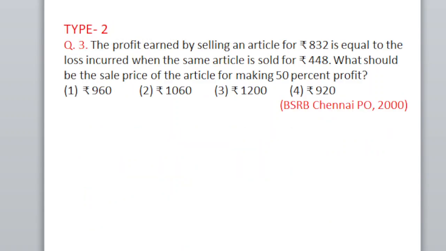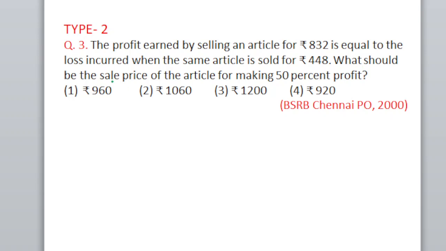Type 2, question number 3. The profit earned by selling an article for rupees 832 is equal to the loss incurred when the same article is sold for rupees 448.